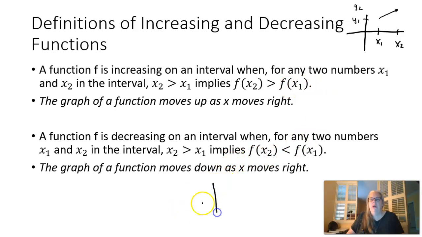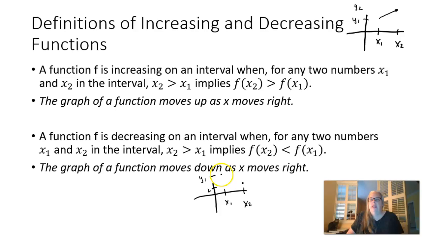Likewise for decreasing, if we pick our x1 down here and our x2 way over here, and let's say x1 corresponds to a y1 way up here, and x2 corresponds to a y2 down here. Now we know that y1 is greater than y2, or in this case y2 is less than y1.